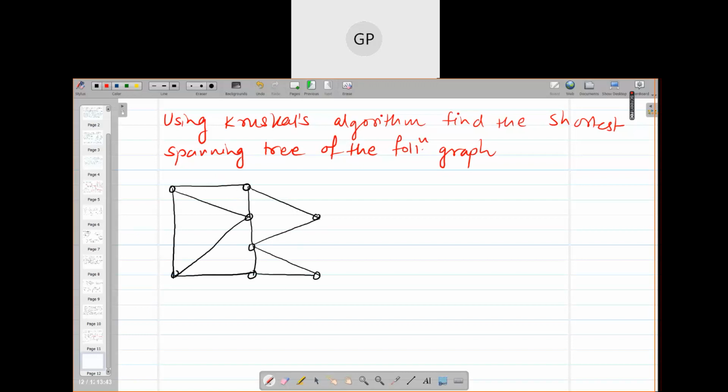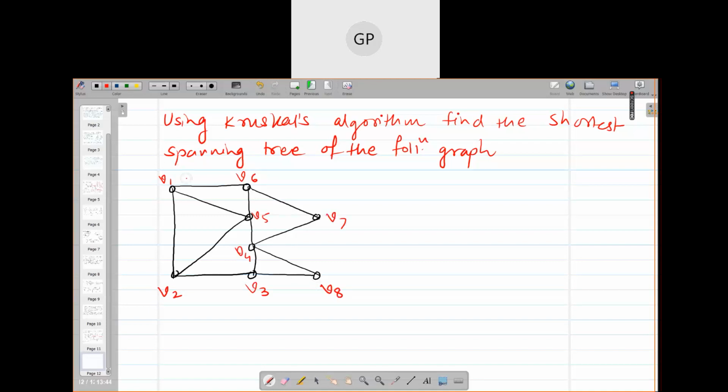Okay, and the vertex names are V1, this is V6, V2, V3, this is V4, V5, V8 and V7.